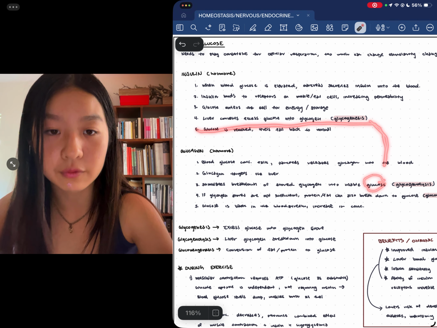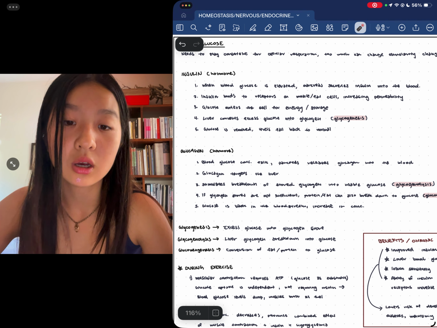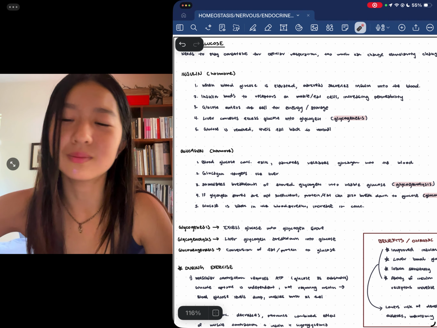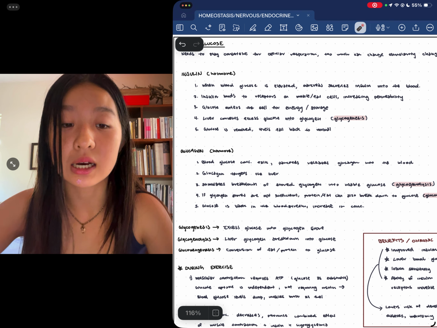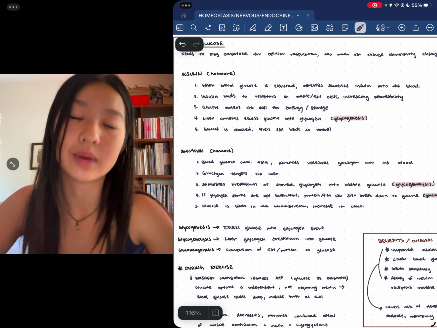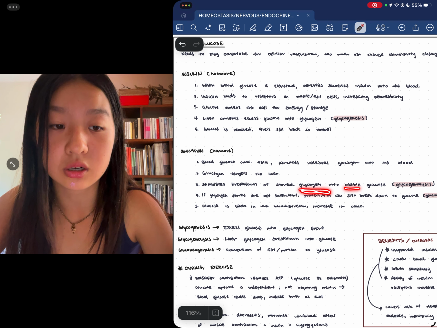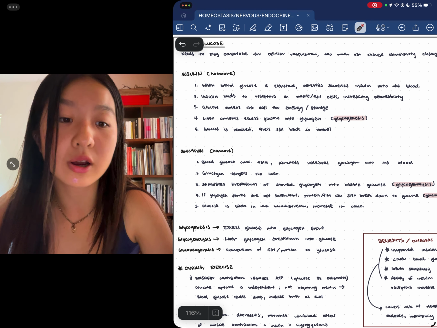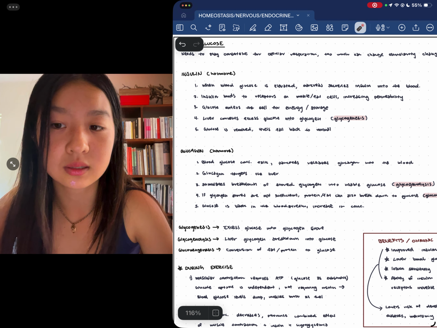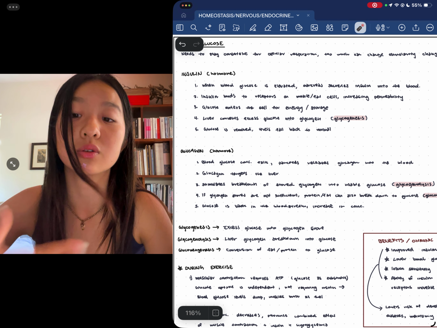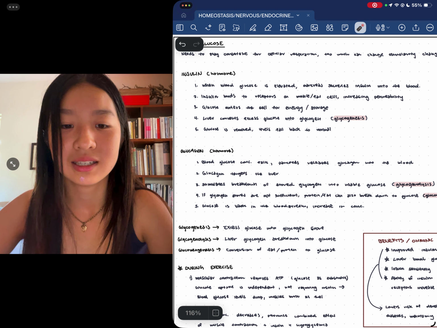Instead of converting glucose into glycogen, glucagon presses the button on the liver and it tells the liver, okay, we need this extra glucose now. So the stored glycogen is then turned to usable glucose. And it's the process of glycogenolysis. It's a splitting of glycogen to produce usable glucose.